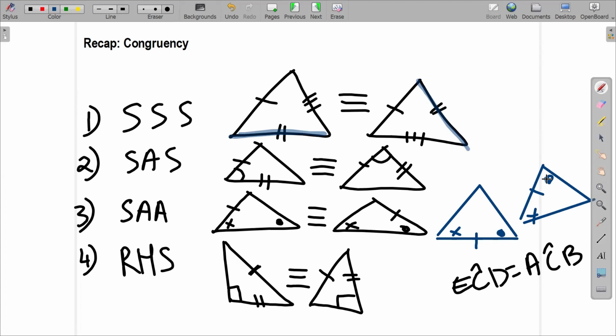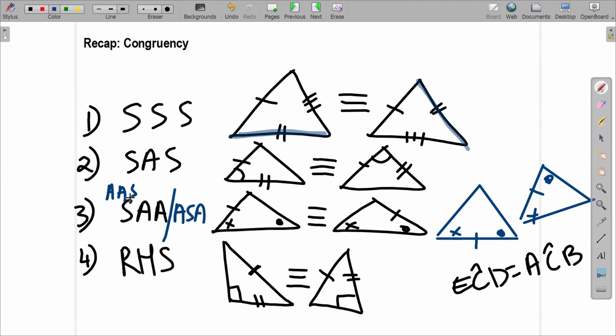This is the angle side angle. Some people like referring to it as angle side angle, it's essentially the same thing. Another one is they like switching around the SAA and writing AAS. Just know it's essentially the same.